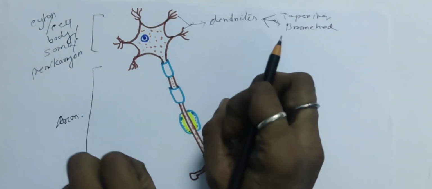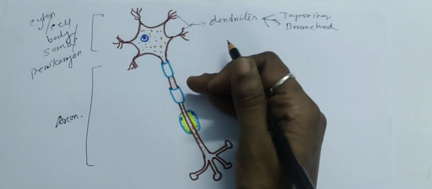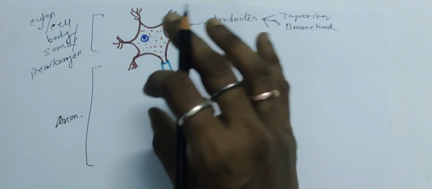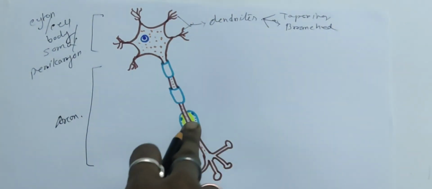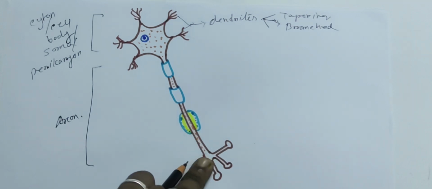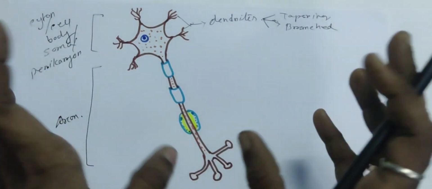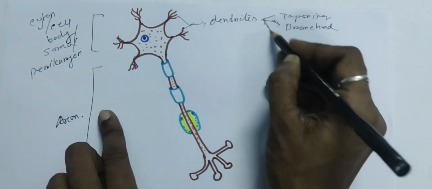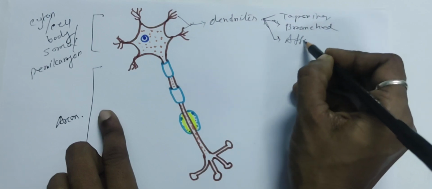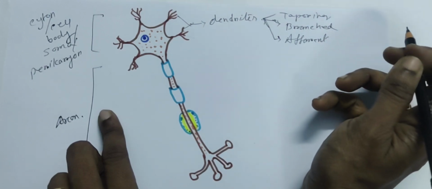Afferent means they receive the signal. The dendrite receives the signal from the previous neuron and passes the impulse to the next part of the neuron, that is to the axon, and then from the axon terminal it gives that impulse to the next neuron. So the dendrites are receiving the signal. That's why they are afferent in nature.